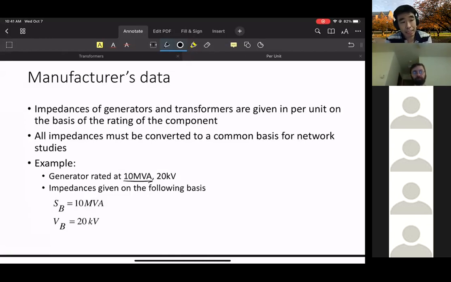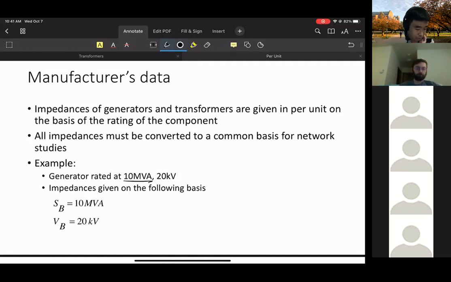Because I'm making a generator, I think 10 MVA is a reasonable base unit for my generator. But maybe the next generator in my system has 50 MVA as its base. Maybe the other one has 100 MVA as its base.